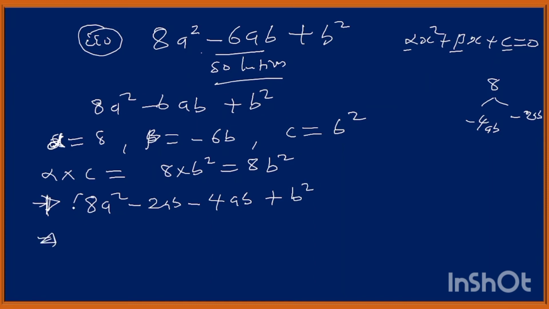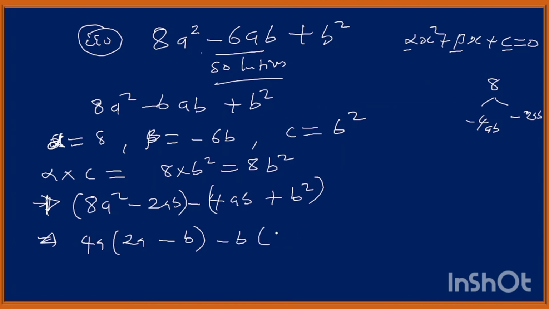So we factorize. If we do that, what is common between 8a squared and minus 2ab? What is common is 4a. So we have here 2a minus b. So what is common between 4ab and b squared? What is common is b.